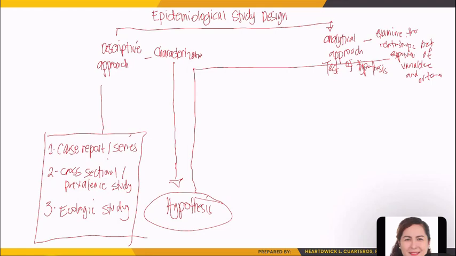So in analytical, we have your variables, your X and Y. Under your X, this is a factor that is observed under your analytical approach. And your Y, this is a factor that is assessed.